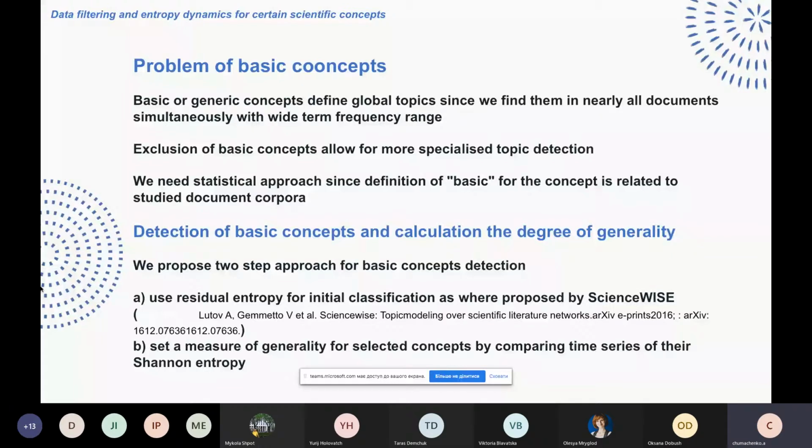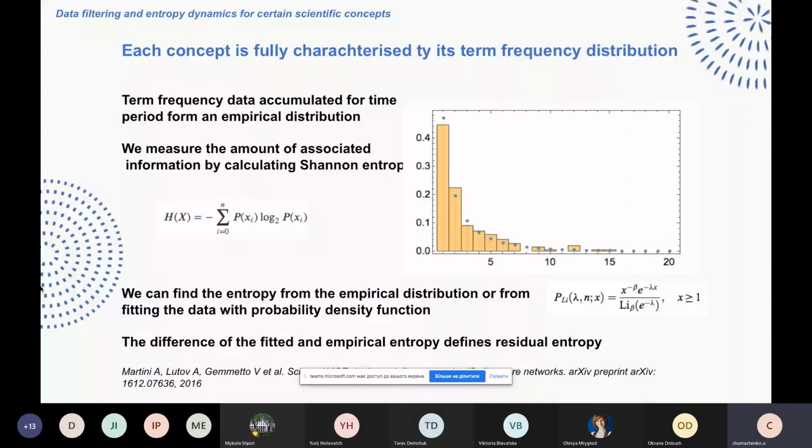We propose an additional refinement of their idea: using the dynamics of the Shannon entropy to improve the selection of these concepts. Before we go there, we need to explain what we use for the Shannon entropy. The structure of our data, as I explained, is the term frequencies of each concept.